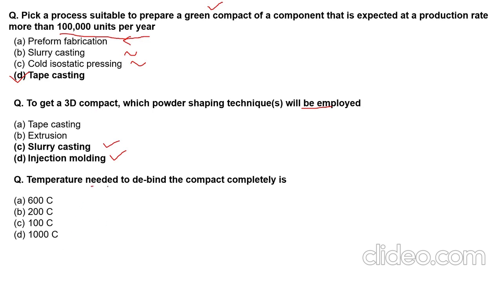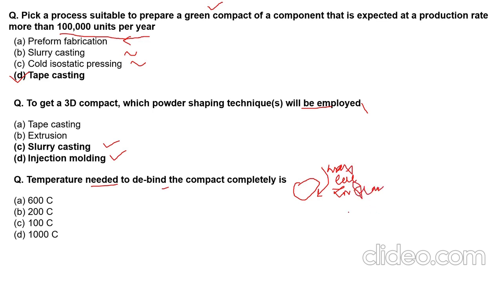Now, the next question says the temperature needed to debind the compact completely is 600, 200, 100, or 1000 degrees Celsius. If you have bound the compact, now you completely want to debind it. So what is the temperature that should be utilized? What you are trying to do is add some binding agents to your powder material. For example, you have a powder of copper, which is a metal, and then you are adding a binding material like wax, or cellulose, or sometimes zinc stearate.